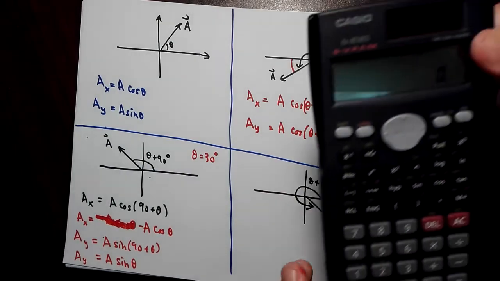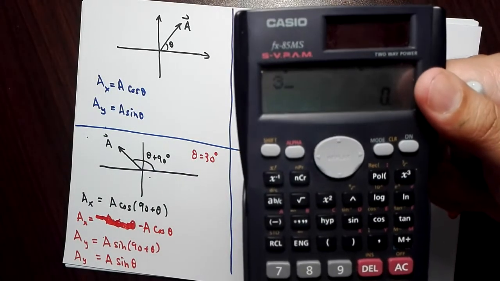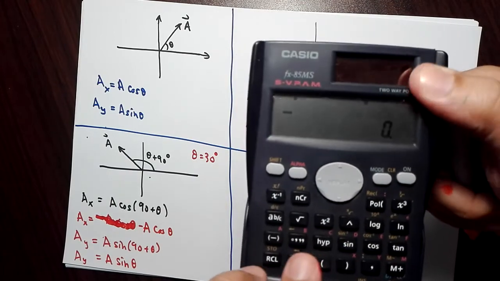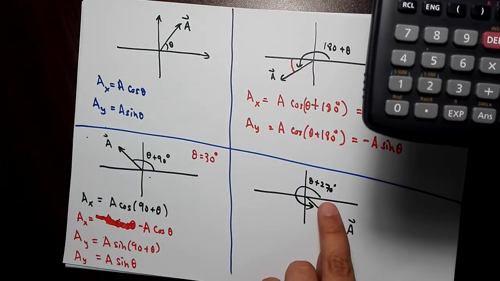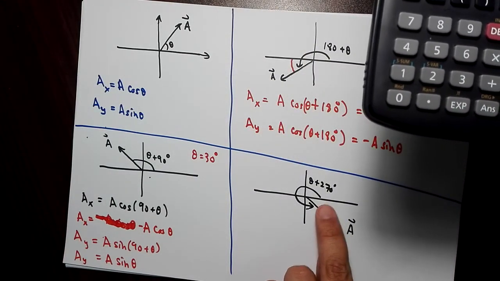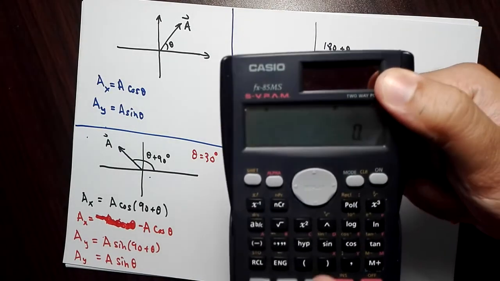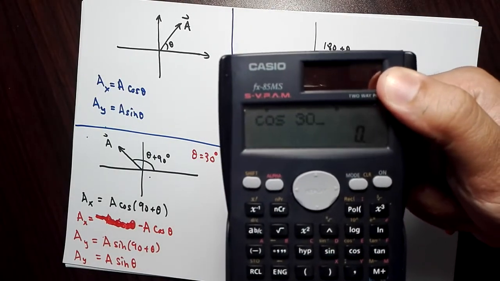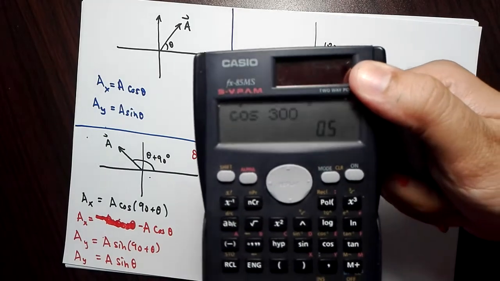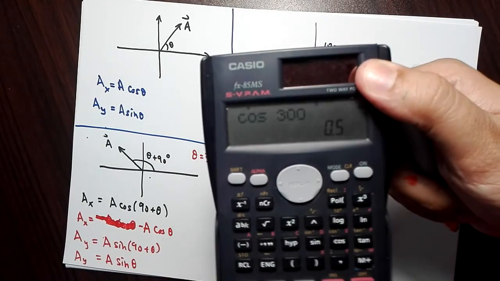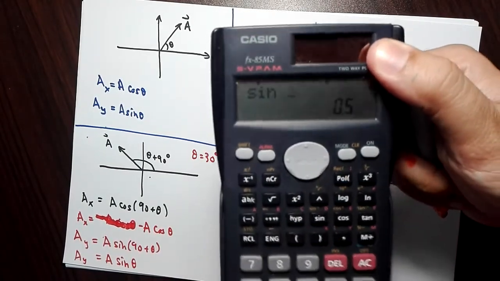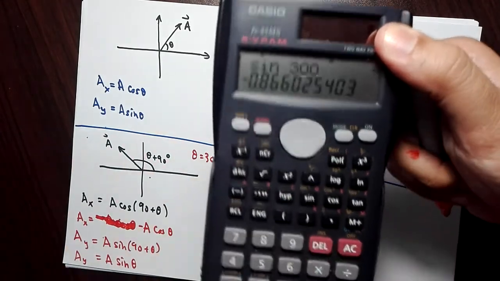Now, if you add the 30, for example, to 270, you get 300, right? So let's see, what do you expect now? You expect the cosine to be positive and the sine to be negative. Cosine 300 gives you a positive, and sine 300 gives you a negative. So there you go.